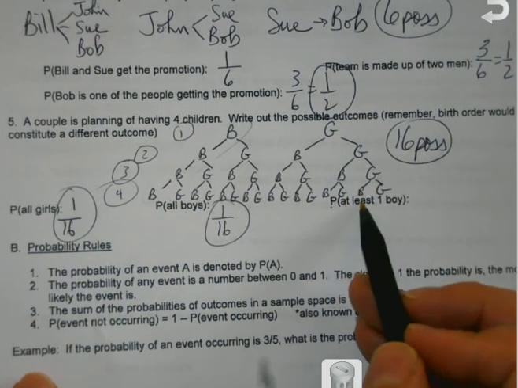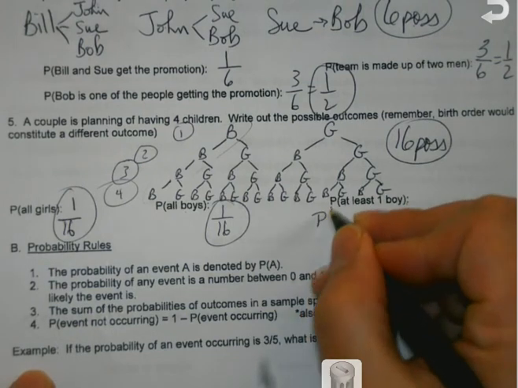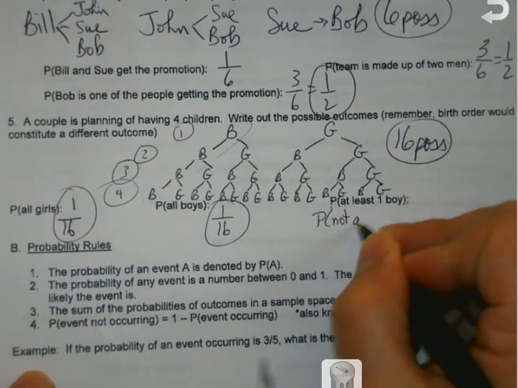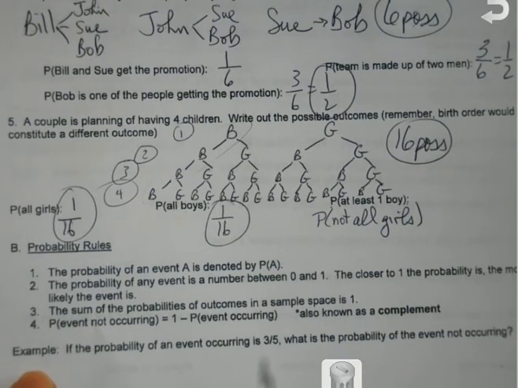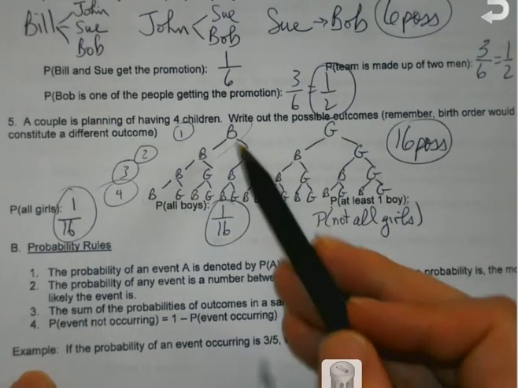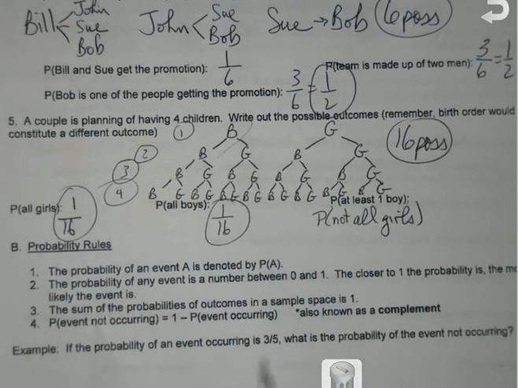Now, reading into a question is also something that's very critical with these. Probability of at least one boy also could be read as the probability of not all girls. Because I could go through here and be like, okay, there's 1, 2, 3. That can get kind of confusing.